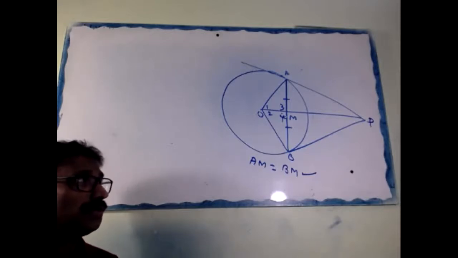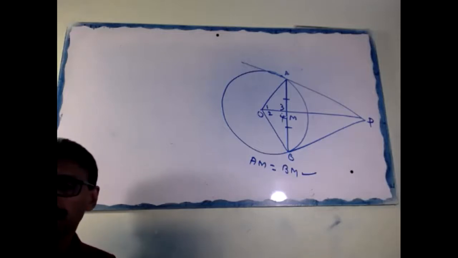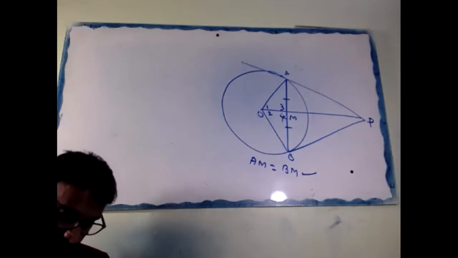From 1, 2 and 3 we get, OP is the perpendicular bisector of AB. Okay, try. Is it okay now? Everyone check this one.